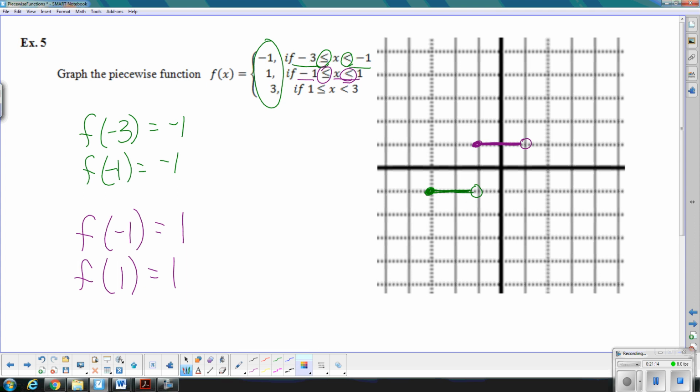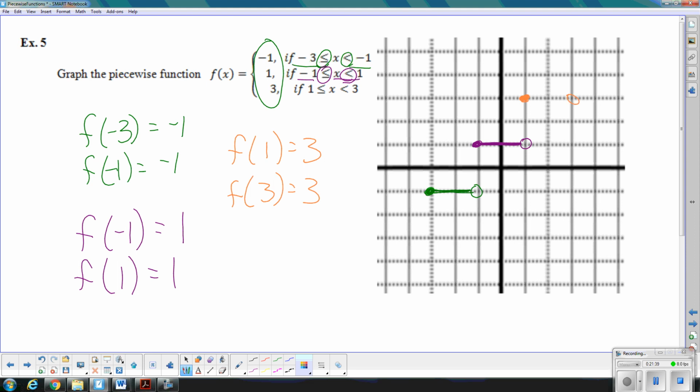So here's our second piece. And the third part, f of x equals 3 when x is greater than or equal to 1 and less than 3. So f of 1 equals 3. F of 3 equals 3. And again, x as 1 is included in this graph. So (1, 3), we're going to use a dot for that.